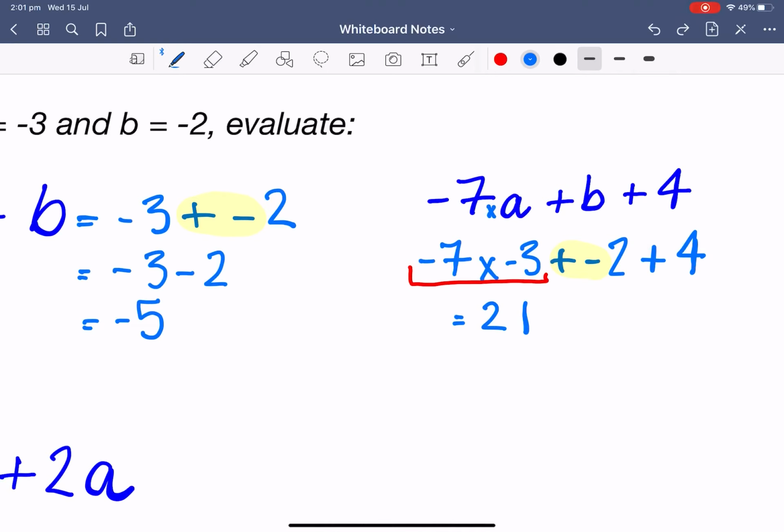So now I'm going to do the rest of my equation. I'm just going to write it out so it's nice and clear. I've got two symbols together, so I'm going to highlight them. So this ends up becoming positive and negative is a -2 plus 4. We've got addition and subtraction now, and that means that with BODMAS, we actually can do them at the same level.